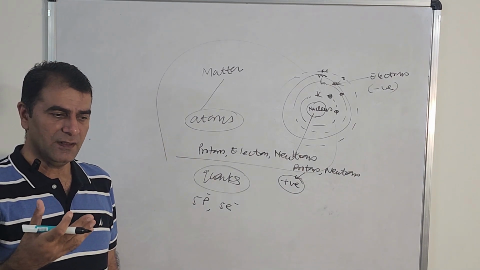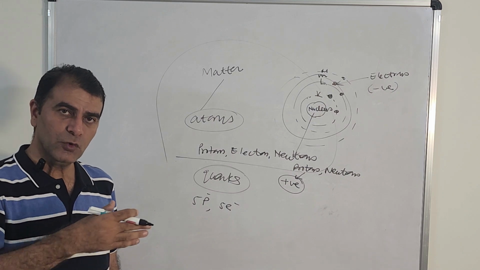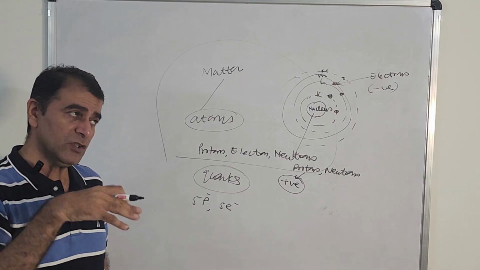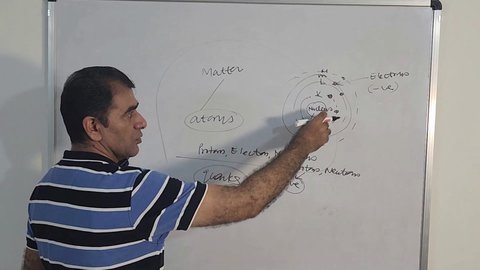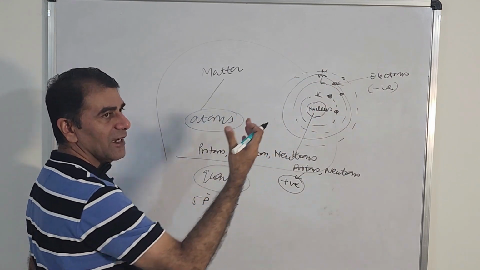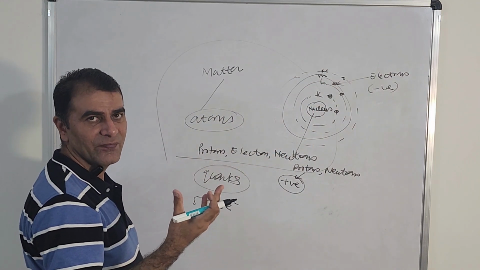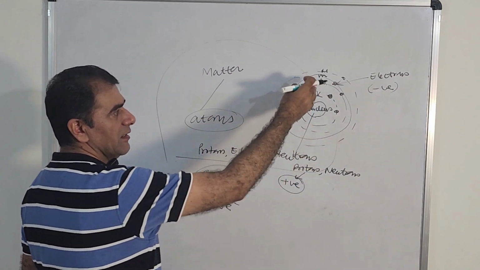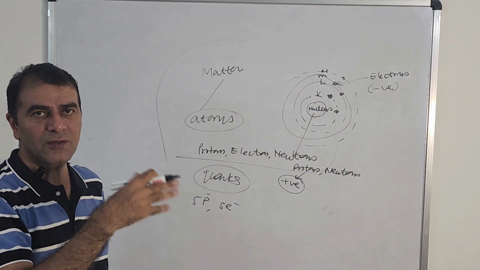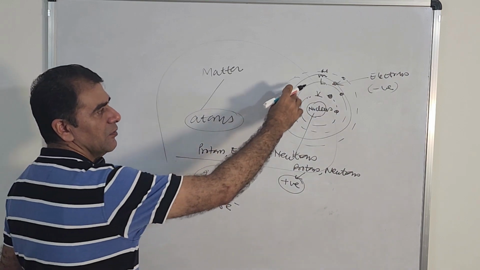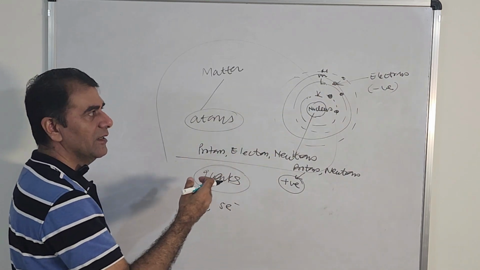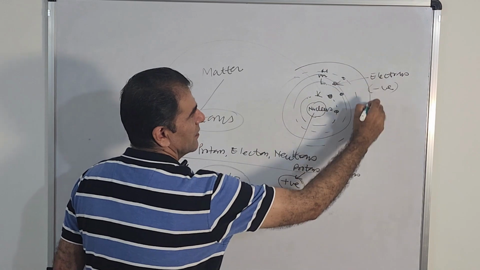Like different planets move around the sun, similarly these electrons move around the nucleus. The nucleus is kind of a sun, and the electrons are like planets revolving around it. And this is the atom.